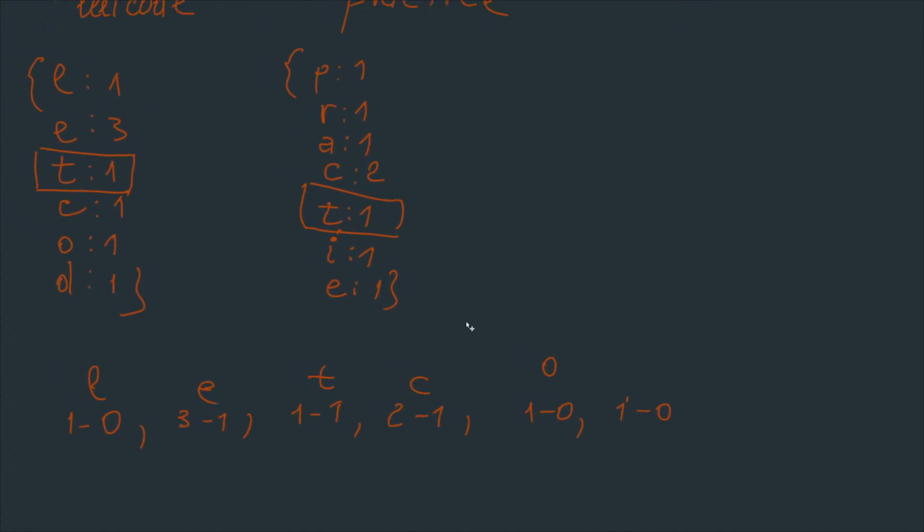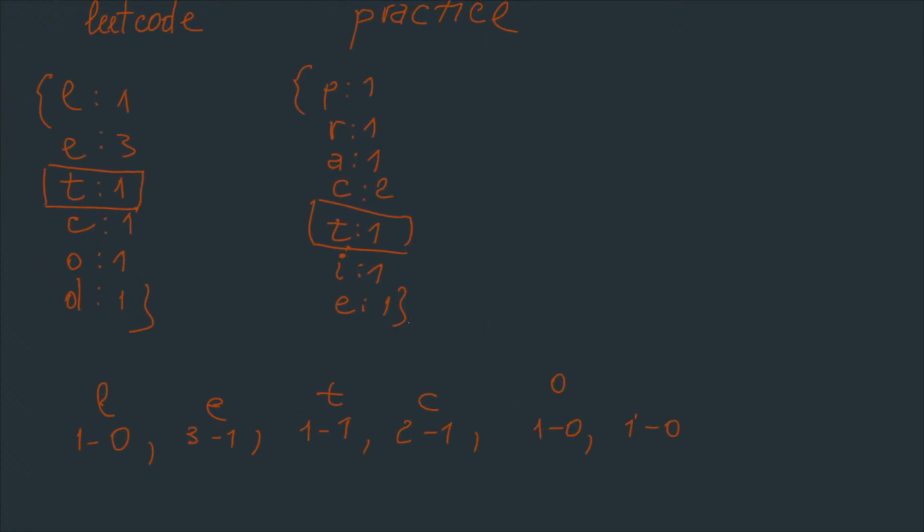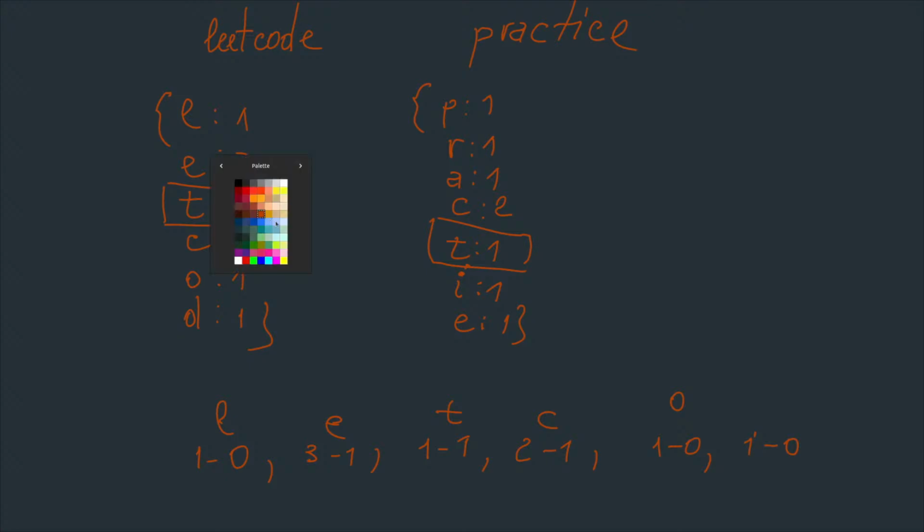And we have a bunch of them remaining on the right side. So probably what we should do is get the values from the right side, not from the left side. Because we want to make this one equal to this one, not vice versa.